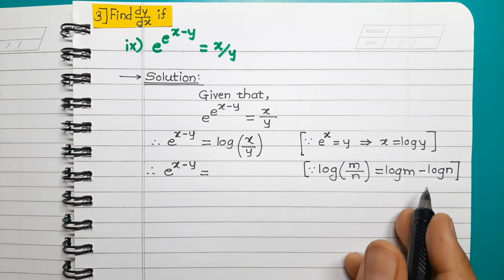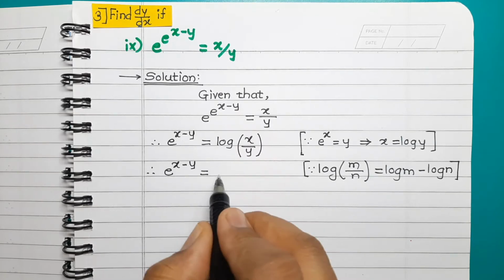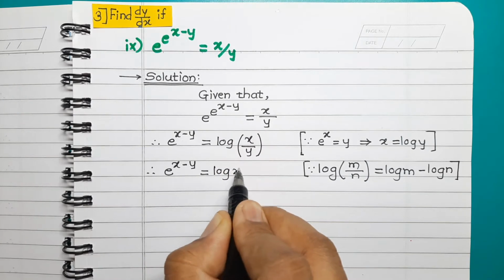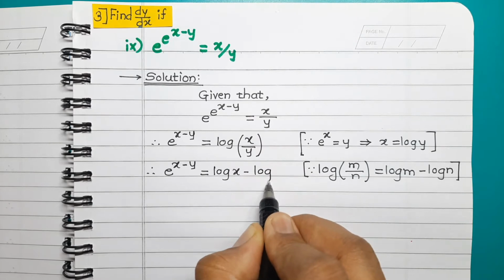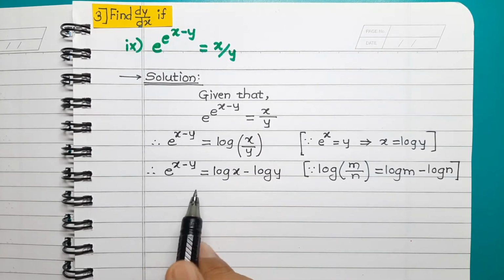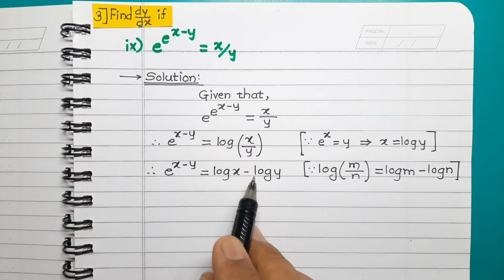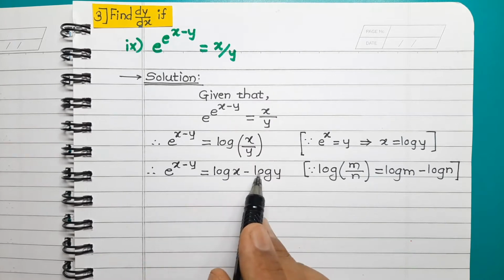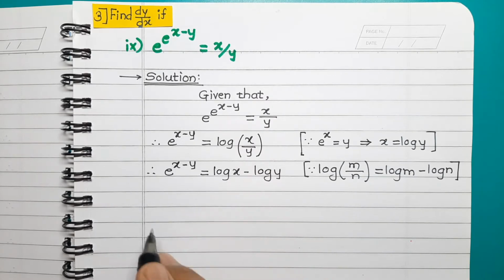So using this law, we can split this term like log of x minus log of y, so that we can differentiate the function very easily. Now at this step, it's very easy to differentiate the function.